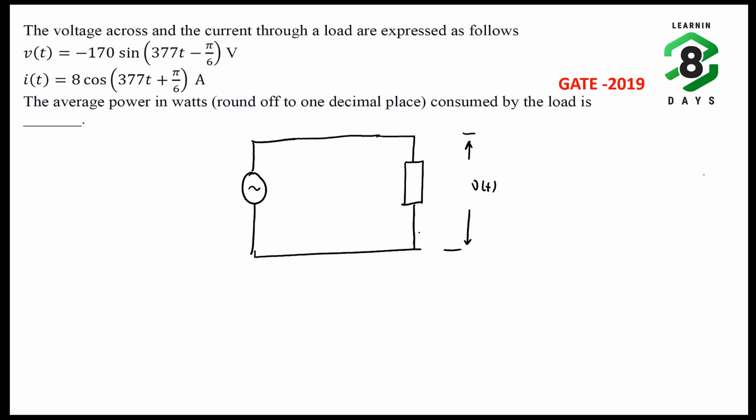Current through this load is I of t. Understand? Then he is asking you to compute the average power consumed by the load. He has directly given the equations in the time domain.